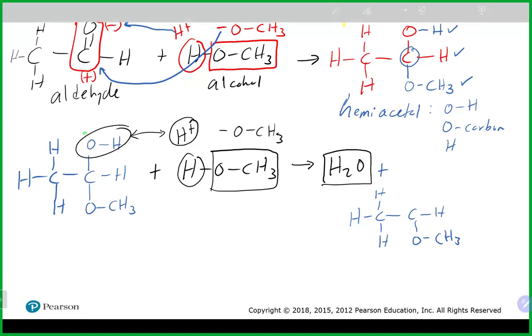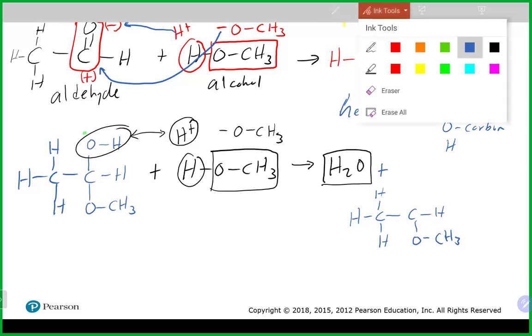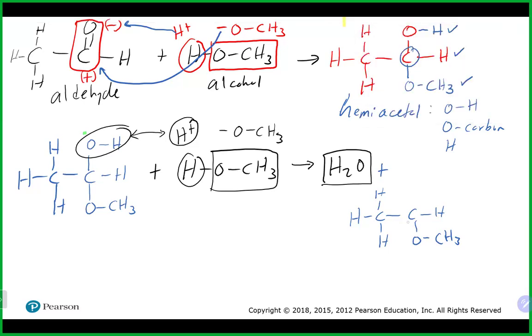But what now happens is that carbon that's now empty is quite positive now, yeah? And that's really good because what do I have left? Something that is negative, yeah? So this guy's going to go into that spot, and you're going to put on another oxygen carbon group. This has a name, and this is what is known as an acetal.